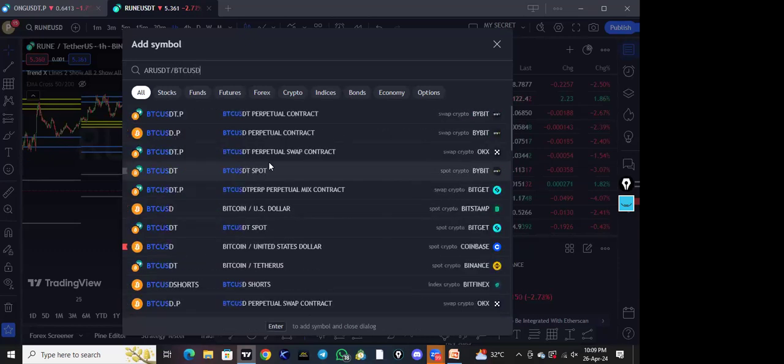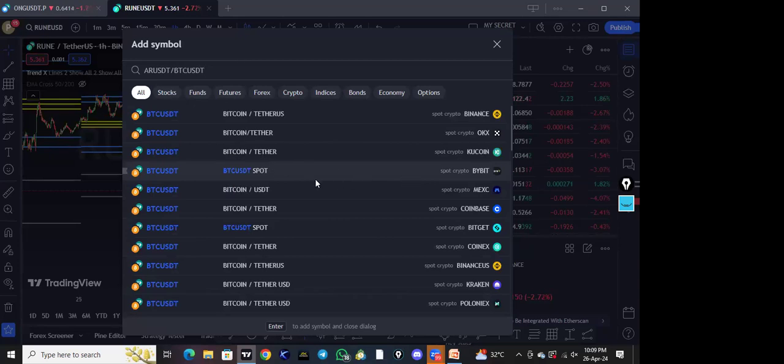Which one should I take, the top one? Binance is fine. Okay. So what this is doing is comparing two coins rather than US dollars.